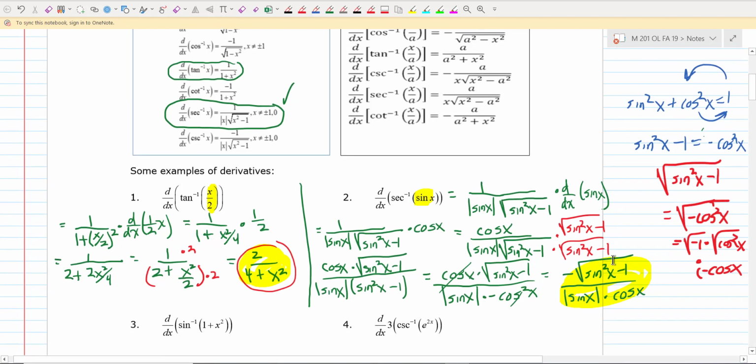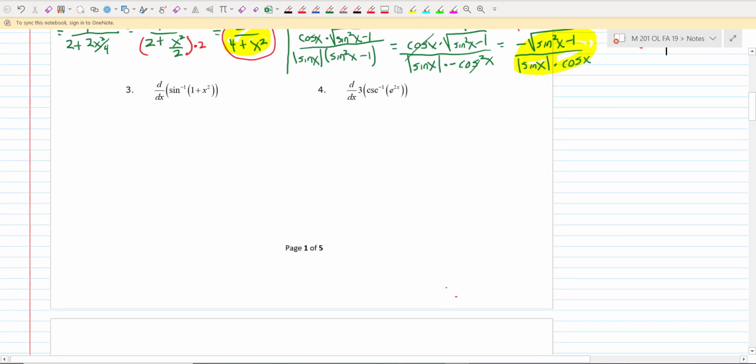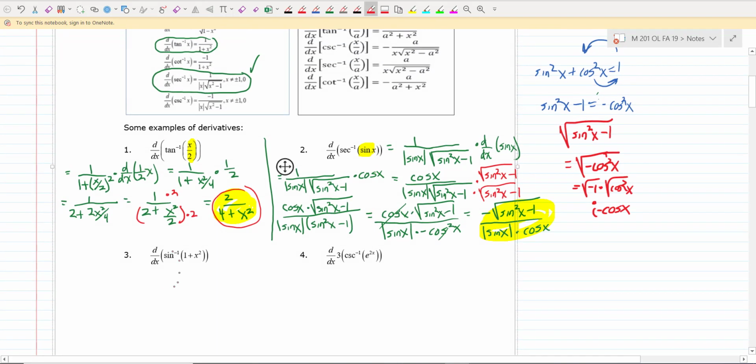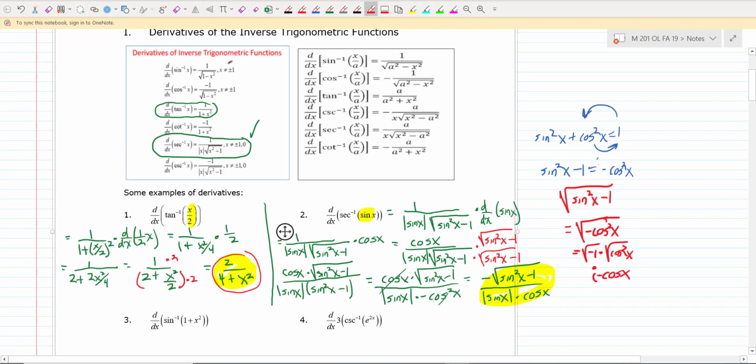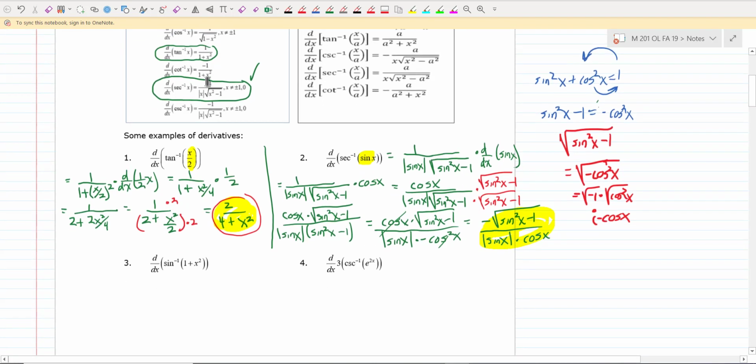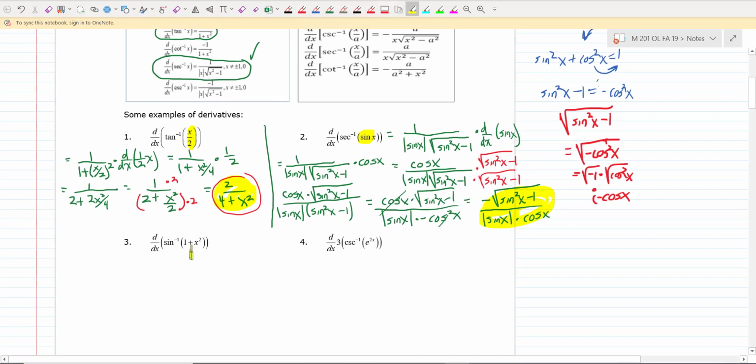Okay, the next two, I'm going to go ahead and work on these next two here. So we're going to do the inverse sine. So the inverse sine, remember, the derivative is 1 over square root of 1 minus x squared. Okay, so again, you have a function, so you have to apply the chain rule.